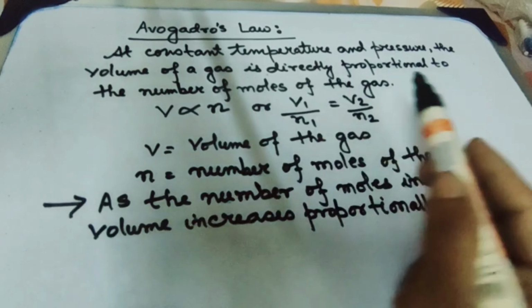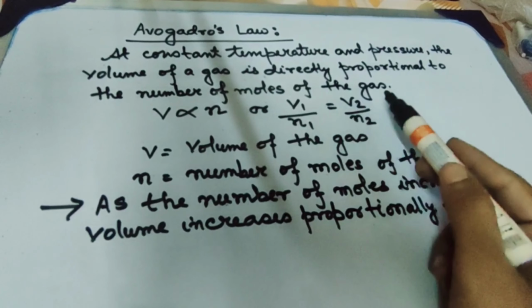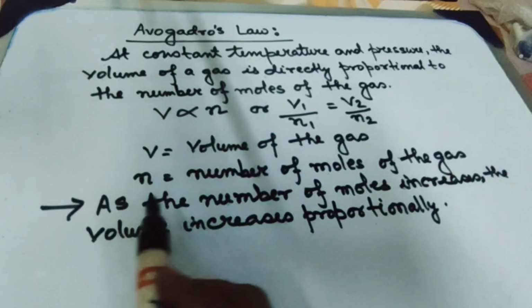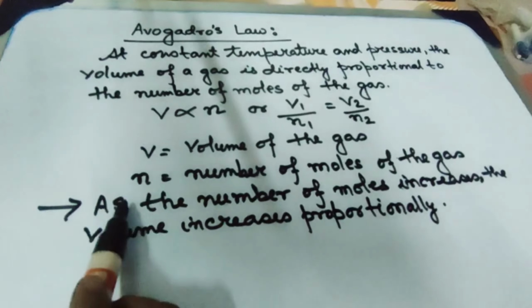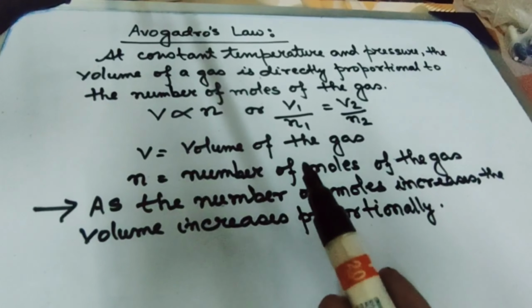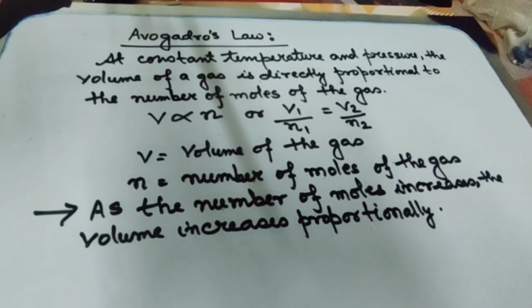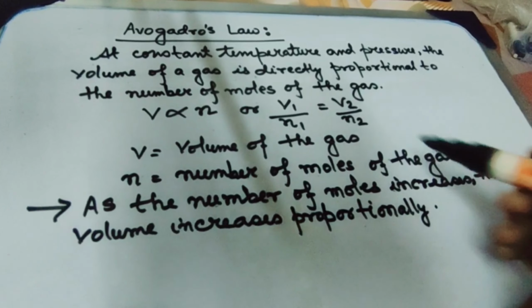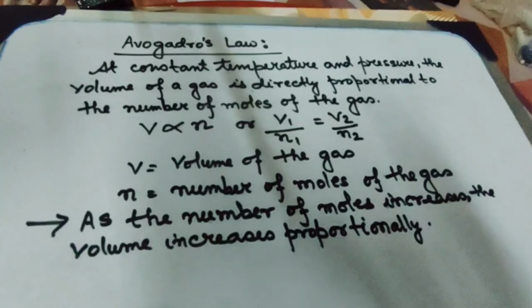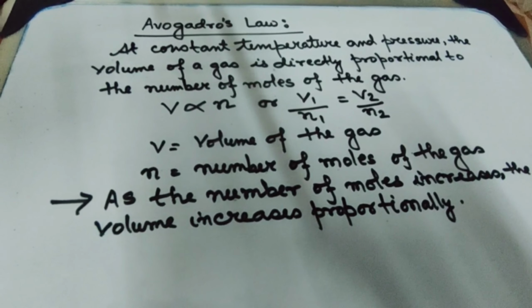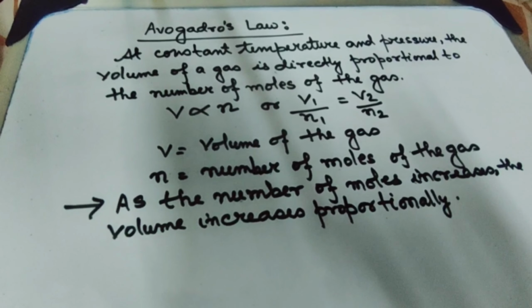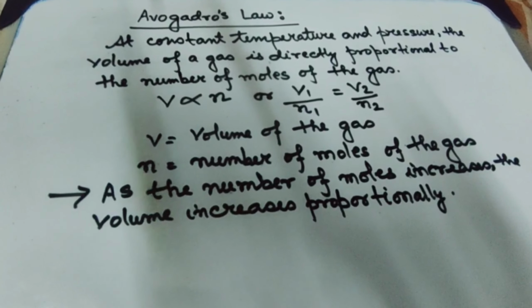From this relation we get V1/n1 is equal to V2/n2 for two different conditions. So we can say Avogadro's law in action becomes what? As the number of moles increases, the volume increases proportionally. That means if number of moles of a gas increases, then the volume also increases proportionally.